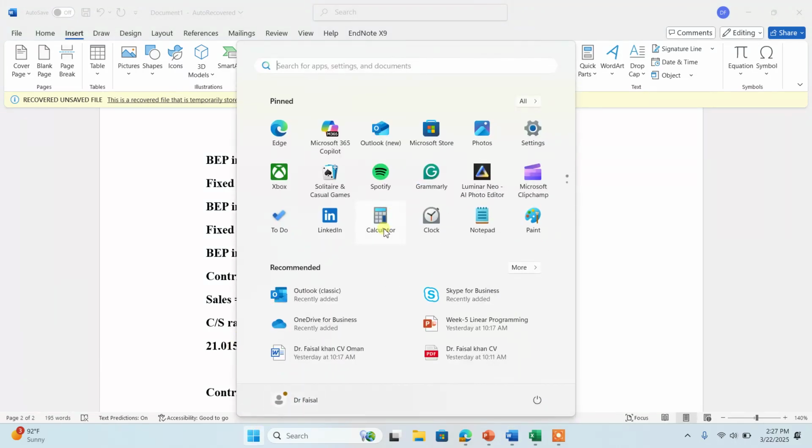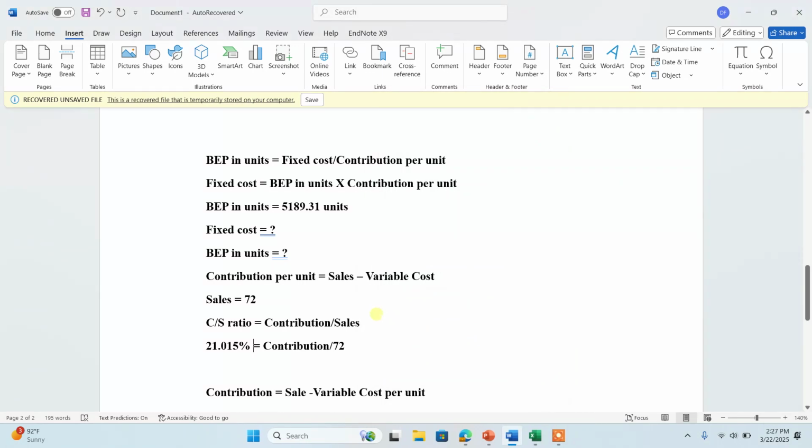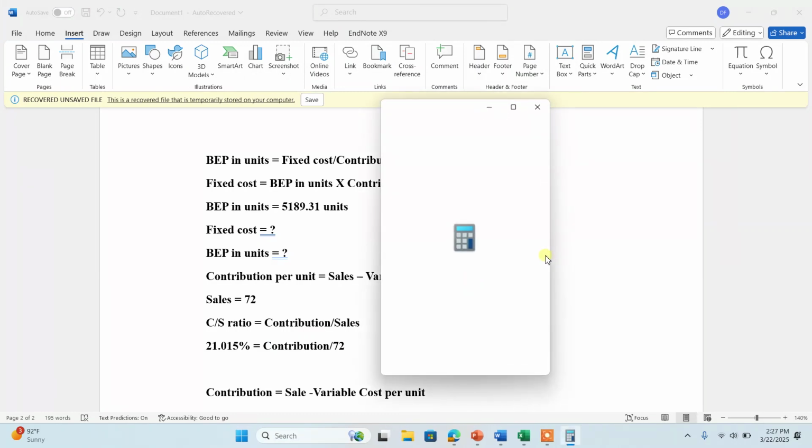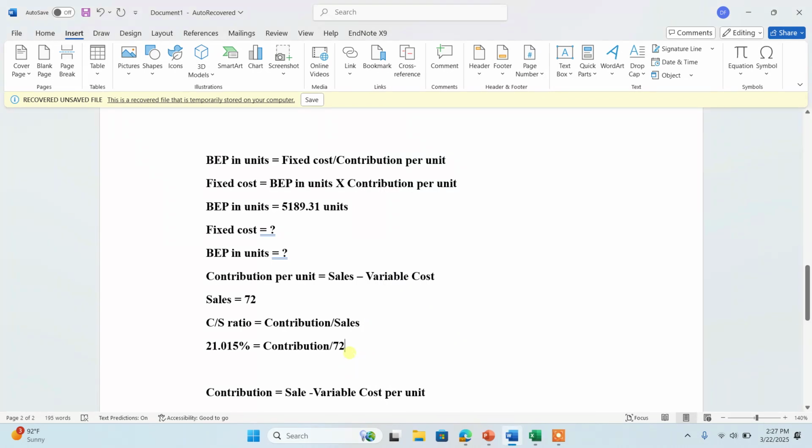Let me do it through the calculator. 72 multiplied by 21.015 in percentage. 21.015 divided by 100, multiplied by 72, it is 15.1308.